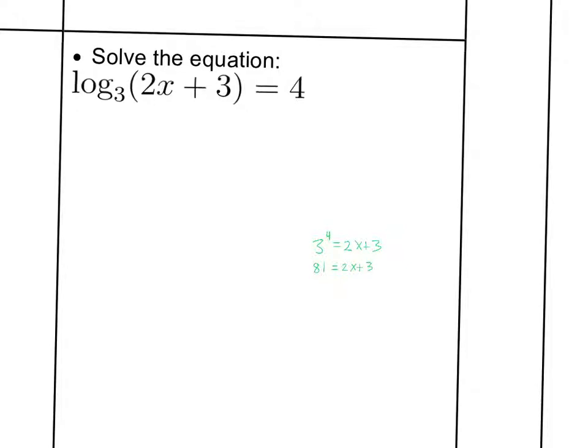If I minus 3 to both sides, we get 78 is equal to 2x, and that means that 39 is equal to x. Sometimes logs go wrong. It's a good idea to check by plugging this in. 2 times 39 is 78, plus 3, we get 81. Log base 3 of 81 is indeed 4.